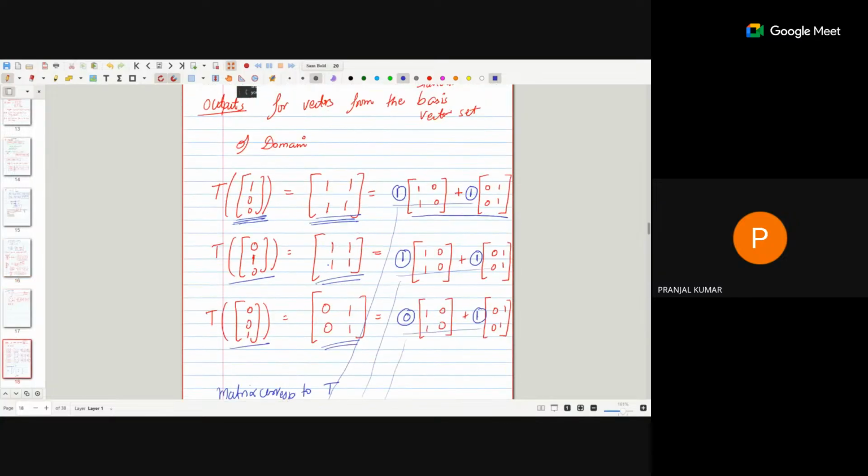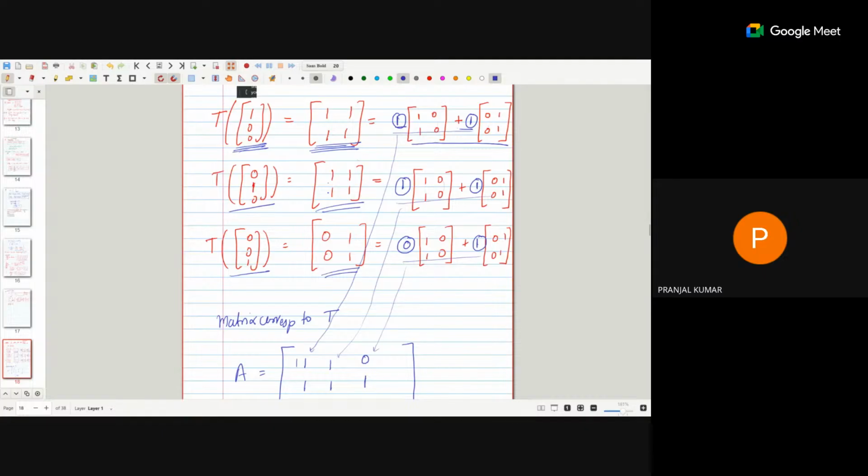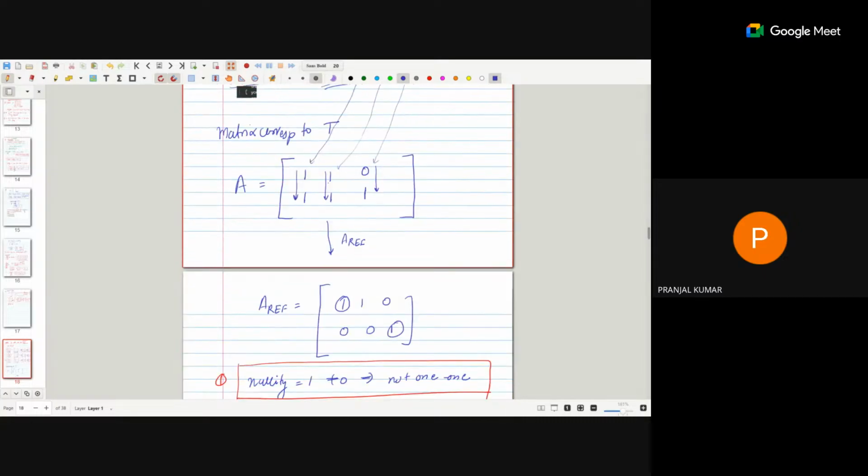I have expressed this as a linear combination of those. Now I have placed these coefficients. So 1 1 as this row, sorry, column, and then 0 1 as this column. So this is your matrix corresponding to this linear transformation.